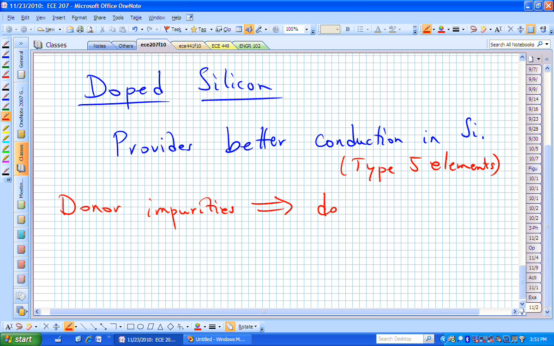The silicon has 4. The phosphorus is 5. Now we have 4 plus 5, 9 electrons floating around in this outer shell that only really wants 8 to have this nominal behavior. Because of that, these type 5 elements are effectively donating extra electrons to this lattice that's made out of silicon.